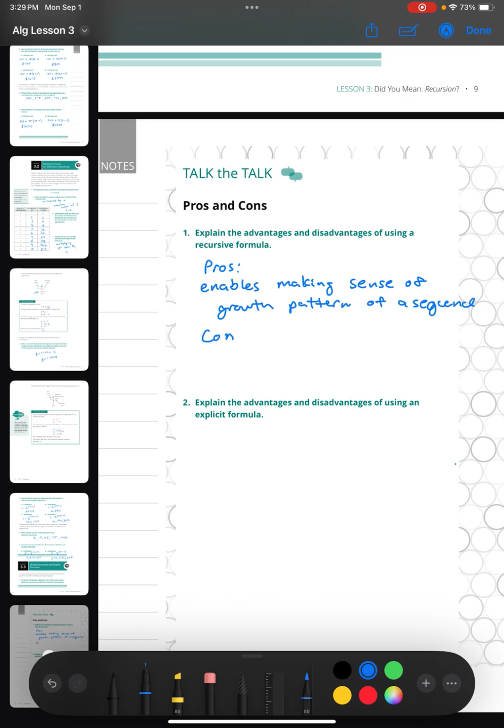Cons, the disadvantages, is it's not easy when determining term value for a large term number.